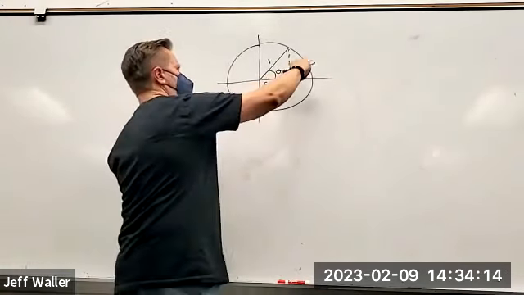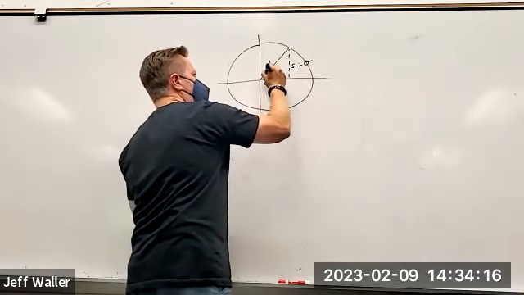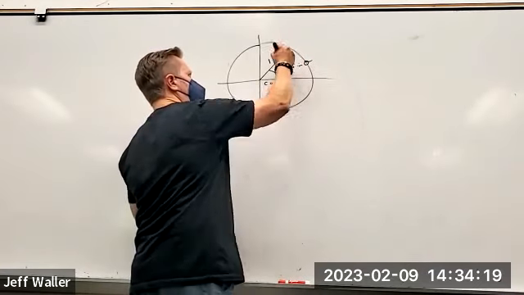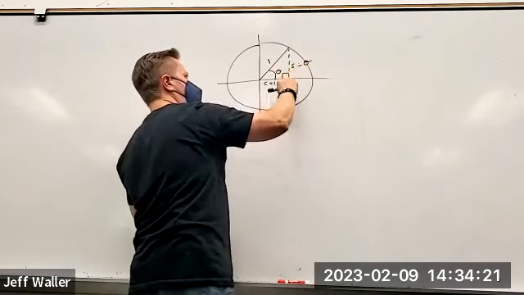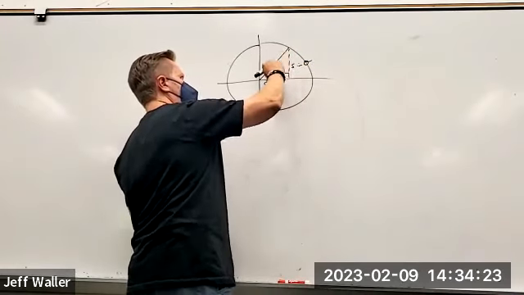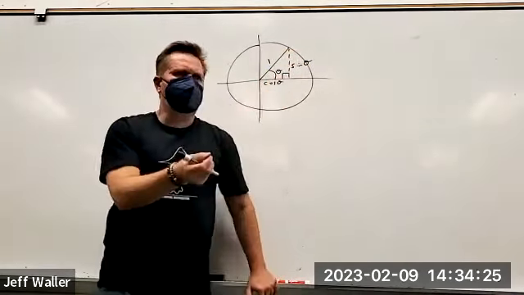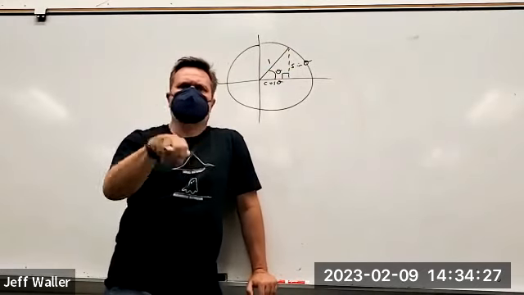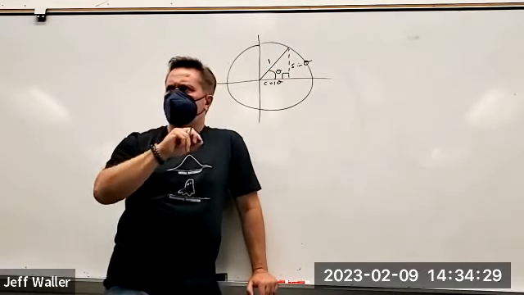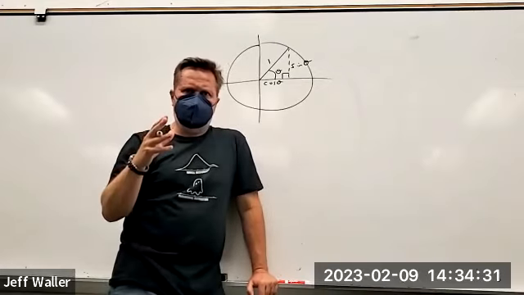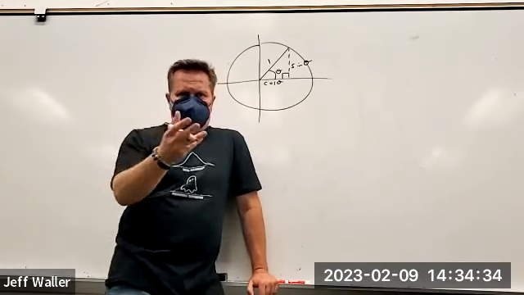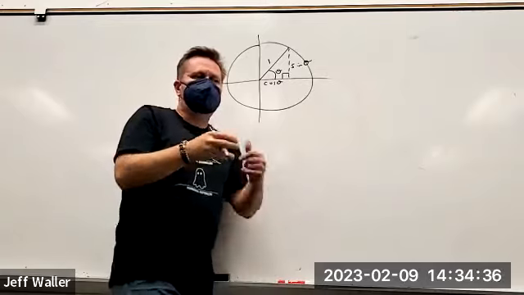What fact about right triangles could I use to set up a relationship between these three things? This is a right triangle. So what do we know about the sides? How do they have to relate? What's the old Greek dude's name? Yes, Pythagoras. So it's the Pythagorean theorem.